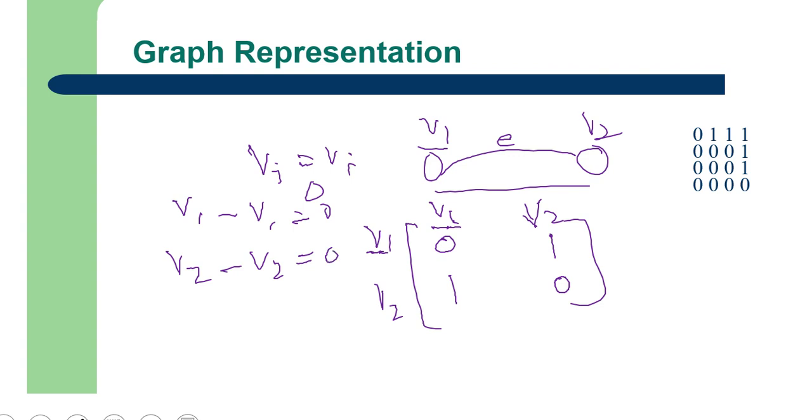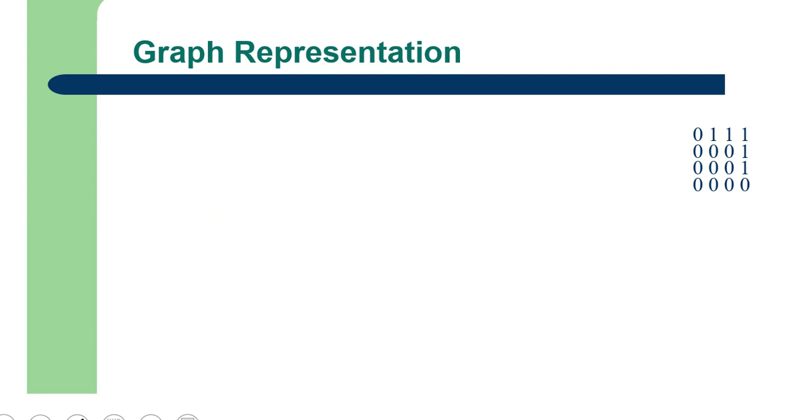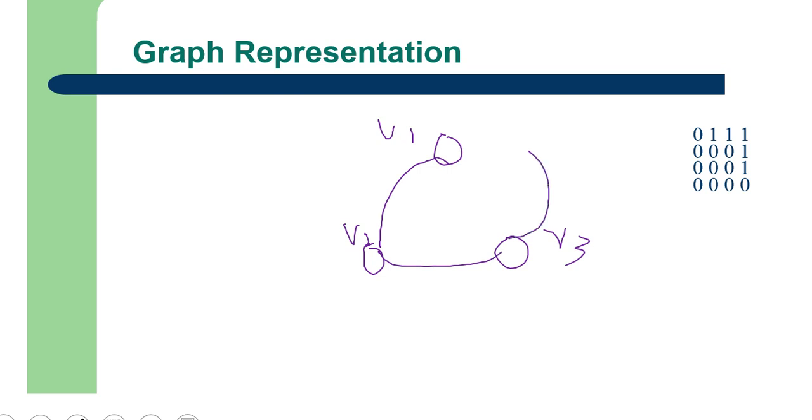So here total number of vertices are 2, so this matrix is a 2 by 2. In the case if there are 3 vertices, vertex v1, vertex v2 and vertex v3, vertex v1 is connected with vertex v2, vertex v2 is connected with vertex v3, and vertex v3 is connected with vertex v1.